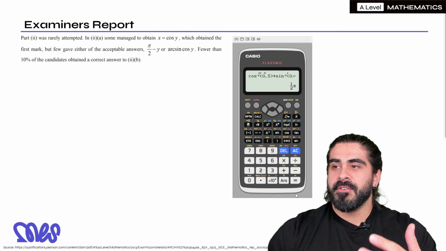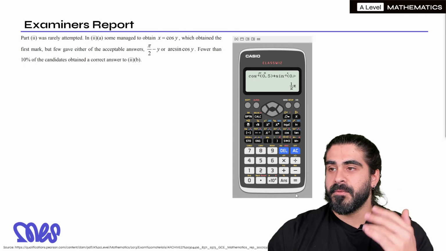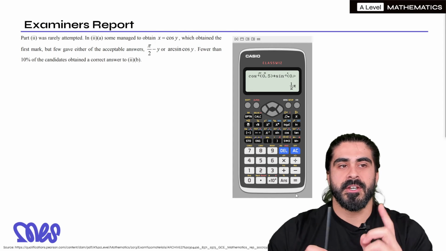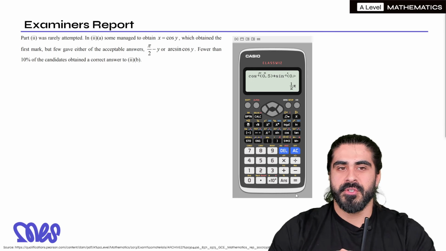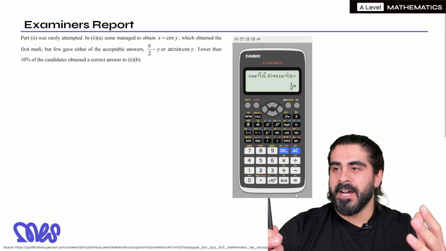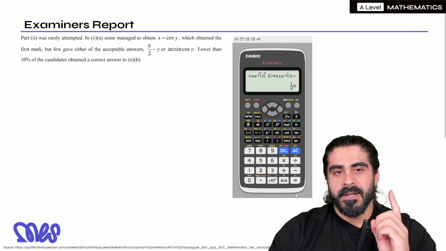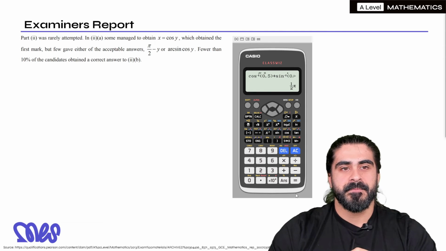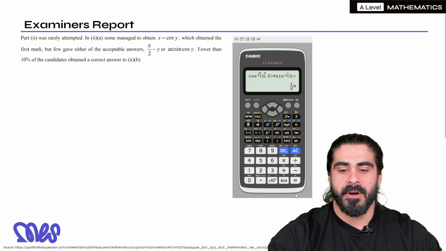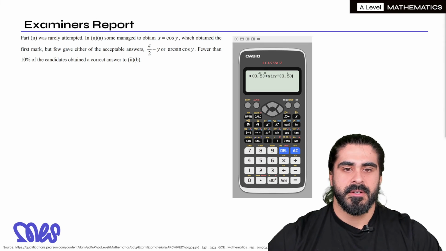And if you just played around and changed 0.5 to 0.25, or make sure it's between minus 1 and 1, you always get pi over 2. So students could have actually just typed that in and written pi over 2, and they would have got the mark.